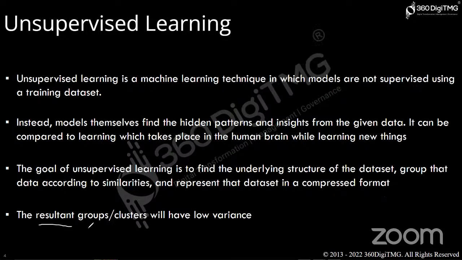Now these resultant groups or clusters will have lower variance. Why do they have lower variance? Let us talk about that. What happens when we form clusters?